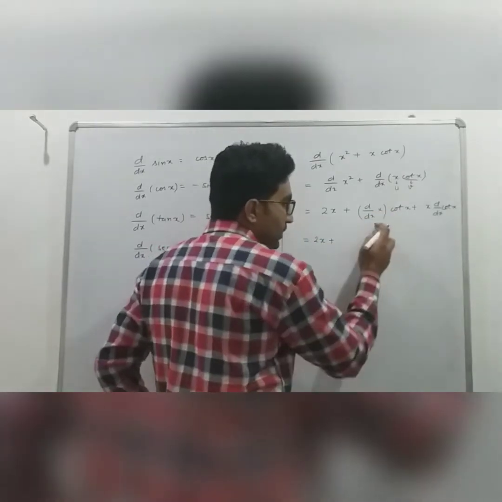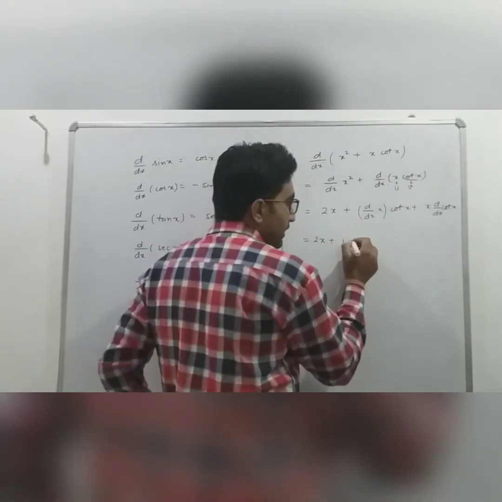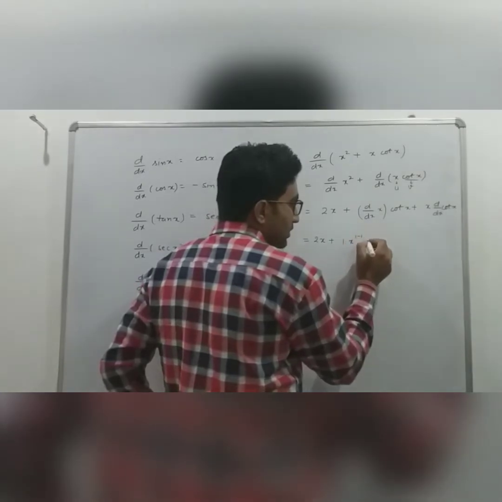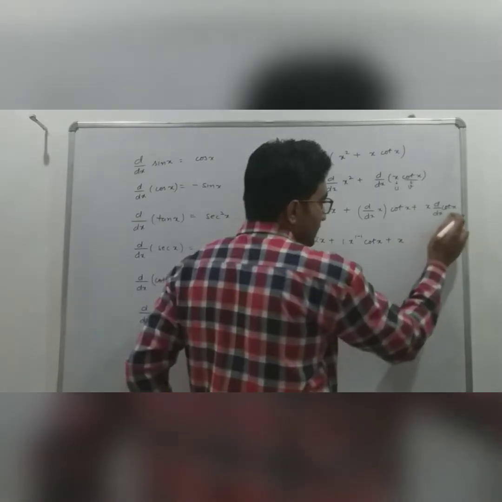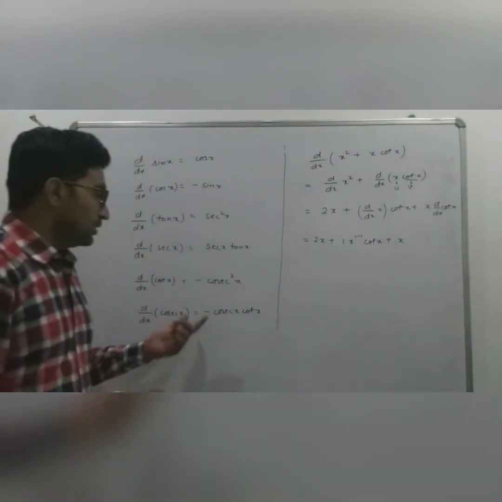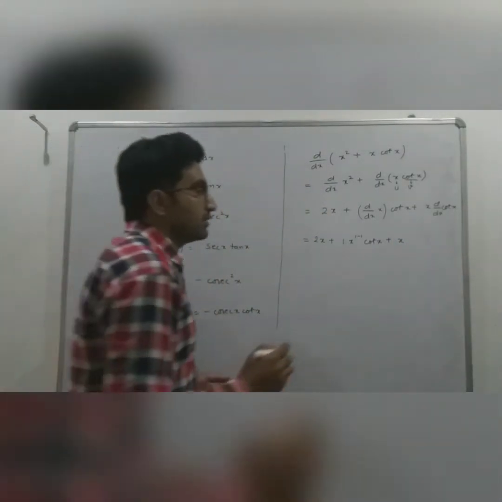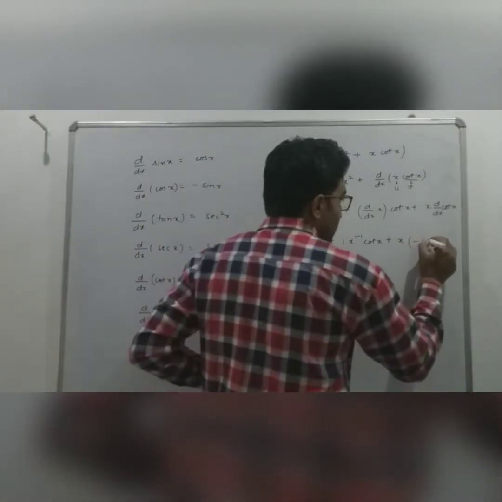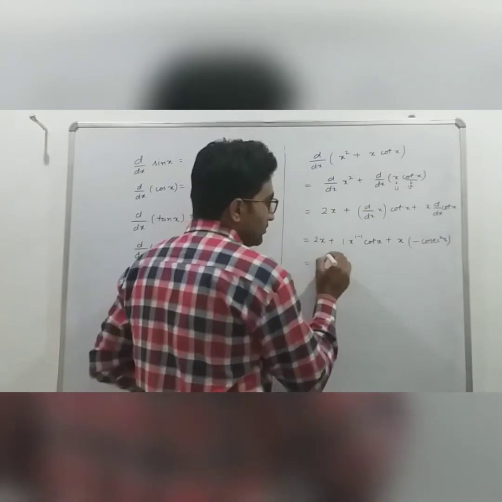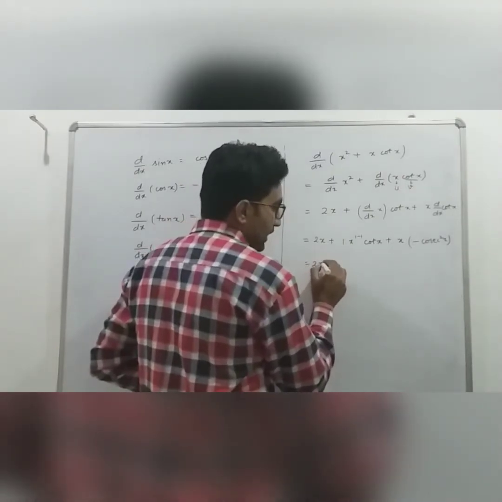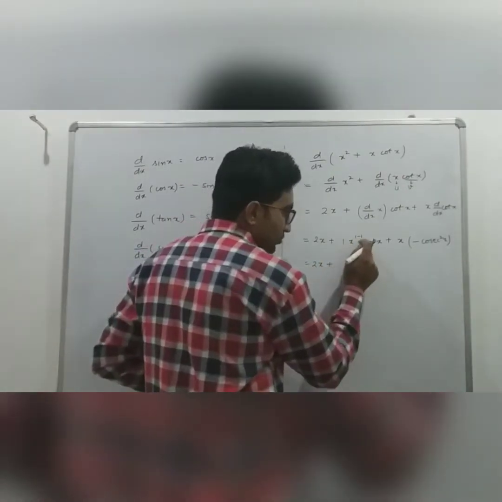Differentiation of x, power comes forward 1 and x raised to power 1 minus 1, cot of x, plus x as it is. Differentiation of cot of x will be equal to minus cosecant square x. So minus cosecant square x. Okay, it will be equal to 2x plus x raised to power 0.